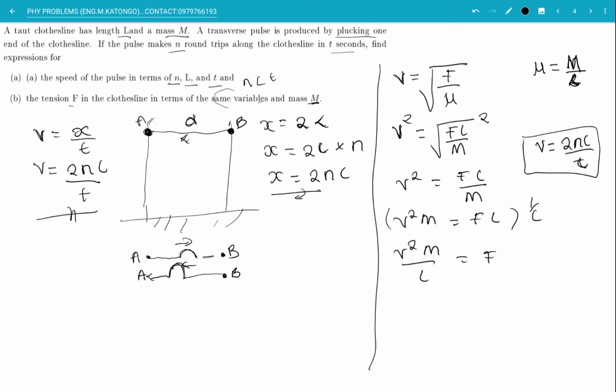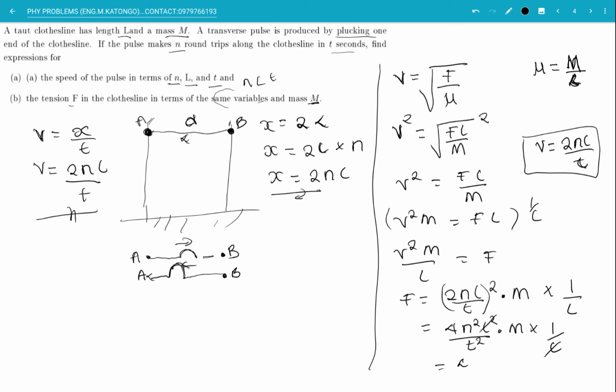Hence, replacing this into the equation, we'll have F, the tension, being equal to 2nL over t, squared, multiplied by the mass, times 1 over L. Expanding our equation, we'll have 4n squared L squared over t squared multiplied by the mass, times 1 over L. Cancelling the L's, we'll have 4n squared mL over t squared.